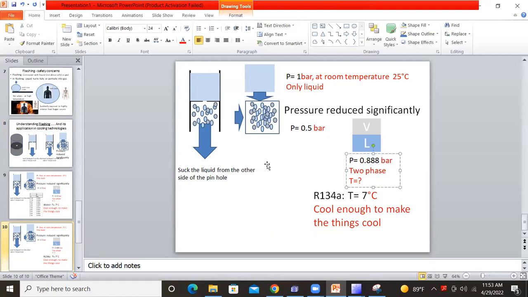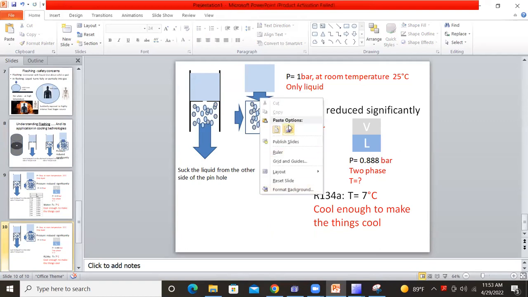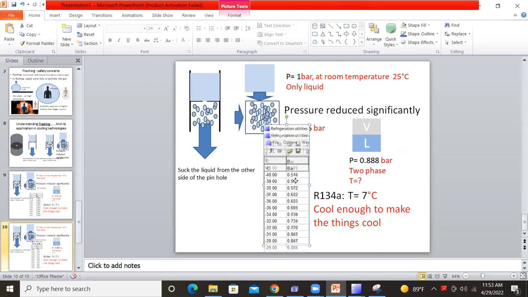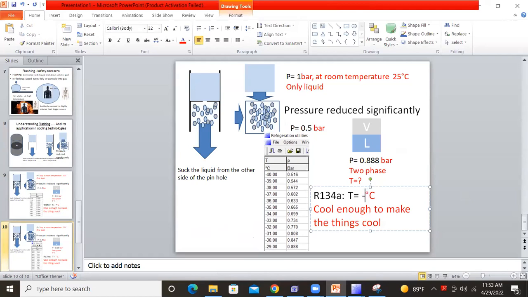Because selecting refrigerants is a different story, we are going to learn more. Because we are learning only flashing now. Let's say 0.888. Now temperature is minus 29. See? Because together existing liquid and vapor. Definitely.